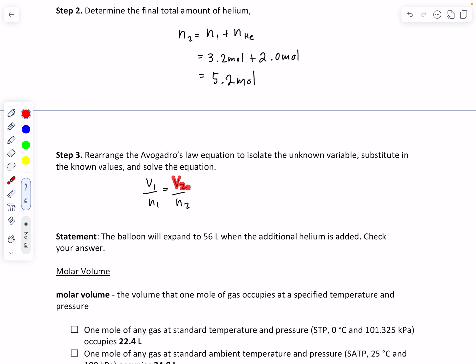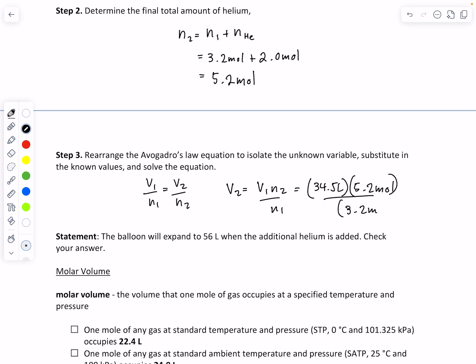In order to get V2 by itself, we're going to multiply both sides by N2. This rearranges to V2 equals V1 N2 over N1. That's 34.5 liters times 5.2 moles divided by 3.2 moles. Therefore, the balloon will expand to 56 liters when the additional helium is added.